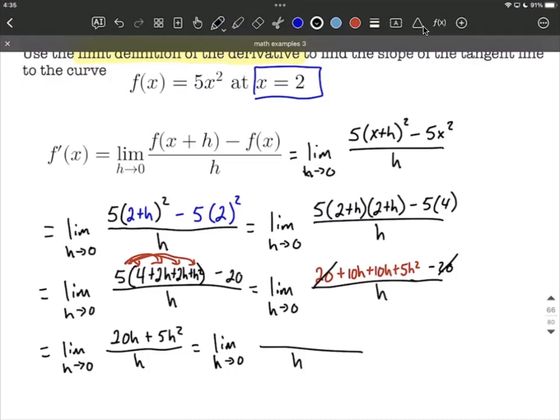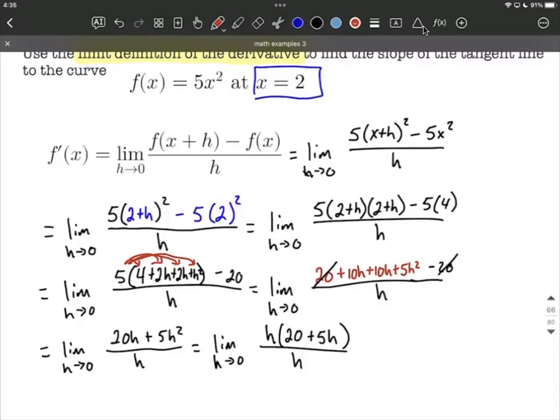So to account for that, what we can do is remove an h from each of the terms in the numerator, factoring out a common factor, so h comes out. I do realize there's both a 5 and an h in common, but let's just worry about the h. So it's going to come out as a common factor. We'll still have 20 plus 5h left in our numerator.